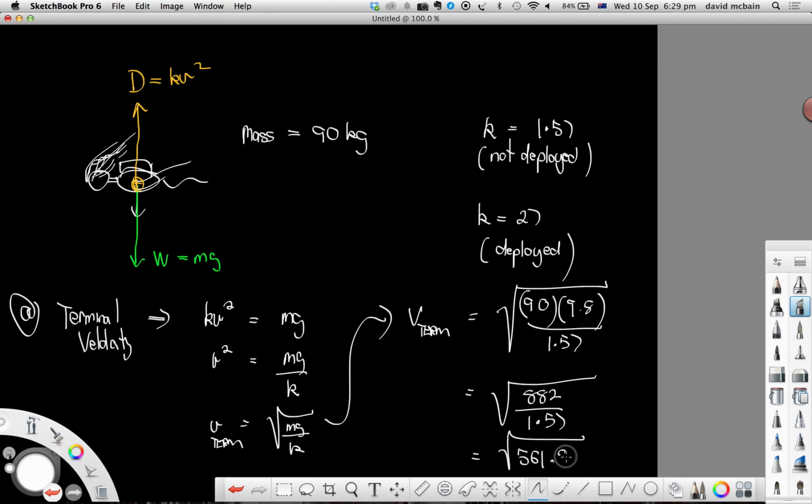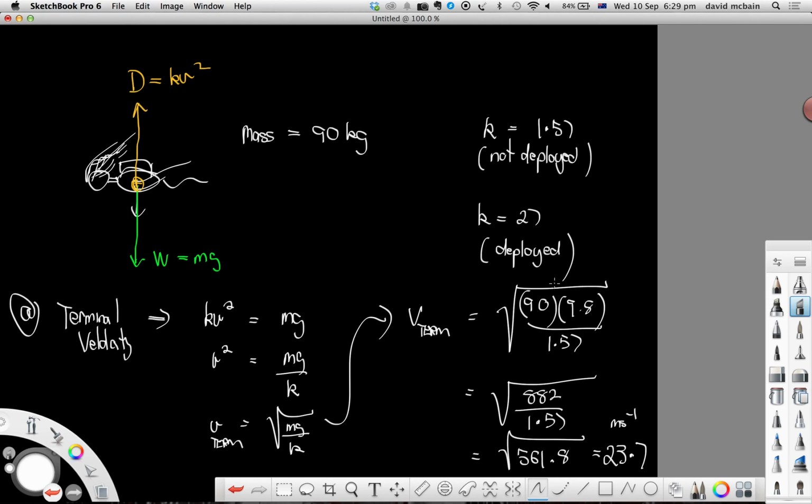And the square root of that is 23.7. So that's meters per second. So terminal velocity before the parachute is deployed is 23.7 meters per second.